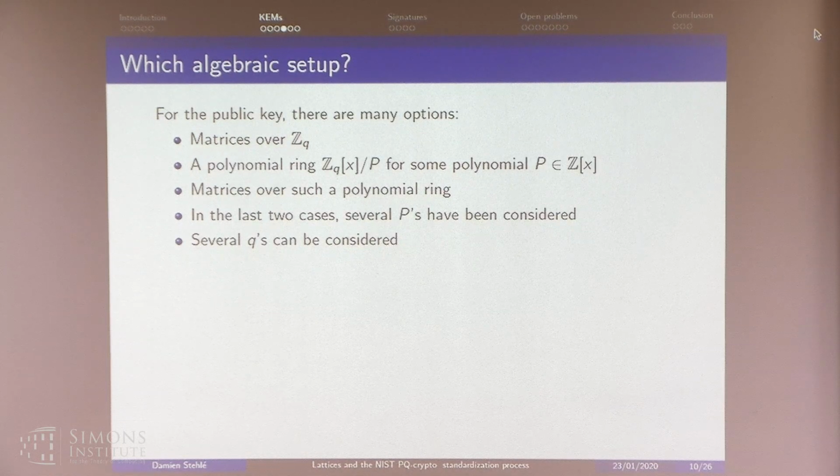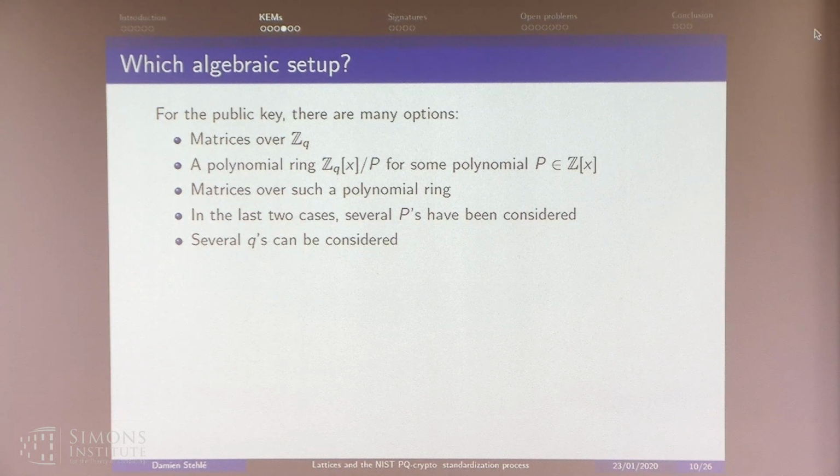And you can also choose different q's. A common choice would be p equal x^n plus 1 with n a power of 2 and q congruent to 1 mod 2n, because that gives efficient arithmetic in those rings. Another interesting choice of q would be a power of 2, because then you can do arithmetic mod q efficiently also. So there are plenty of choices here.